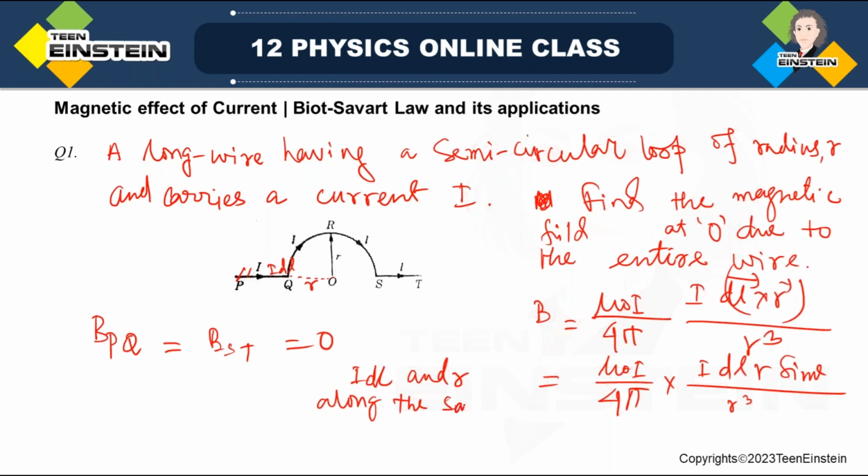So that's why they are 0. See, here dl cross r is r dl sine theta, and theta is 0 degrees, so B is 0.